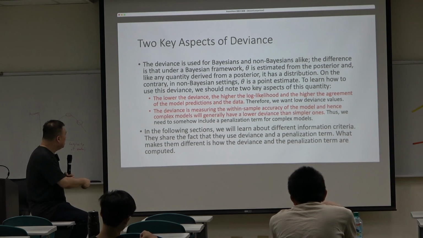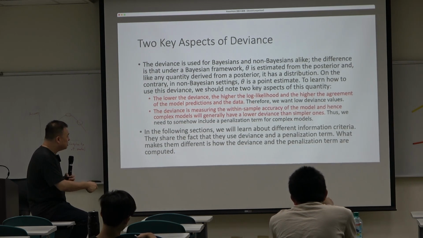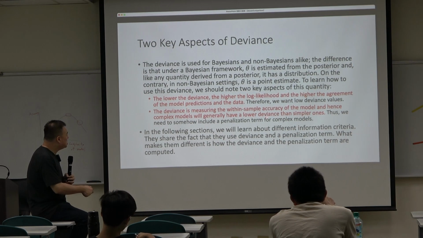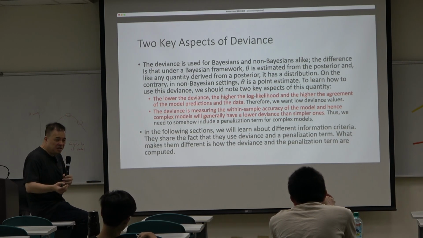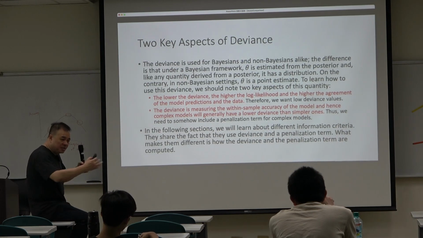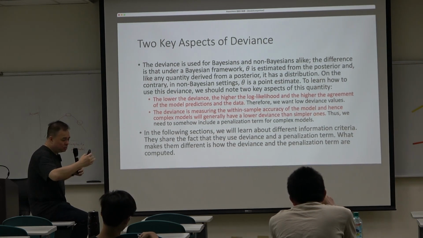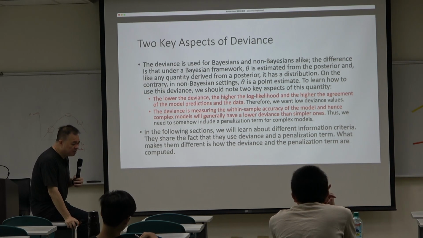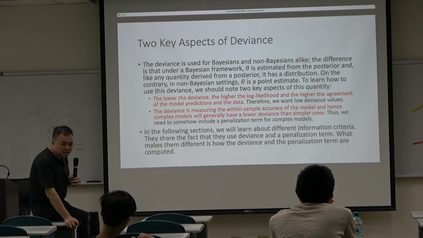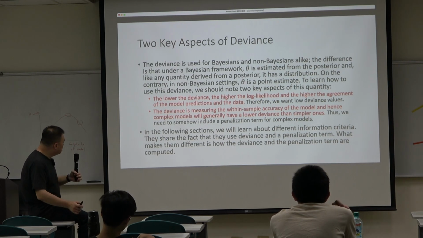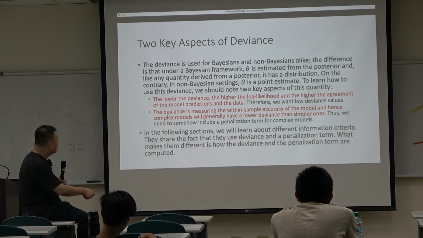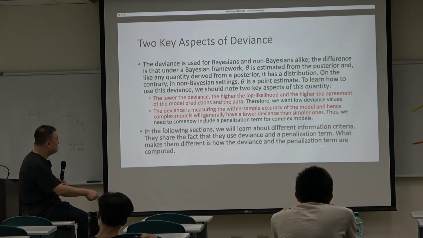The figure measures the in-sample accuracy of the model, and the complex model will generally have a lower figure than a simple one. Because after all, remember I talked about this category, all these tools are computing the in-sample accuracy, right?